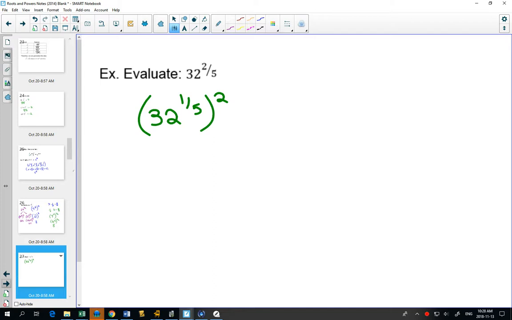What is the 5th root of 32? Is there a number times by itself 5 times that makes 32? 2 times 2 times 2 times 2 times 2 is 32. So this becomes just 2 squared, and 2 squared is 4.